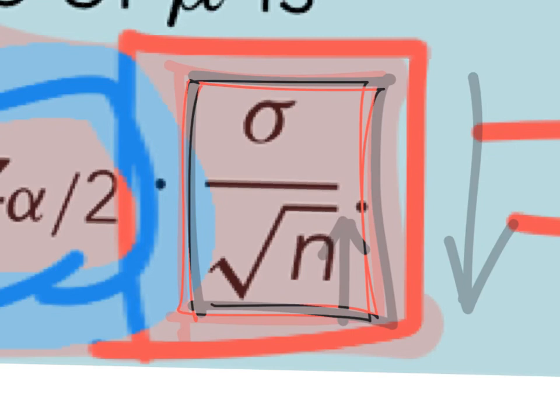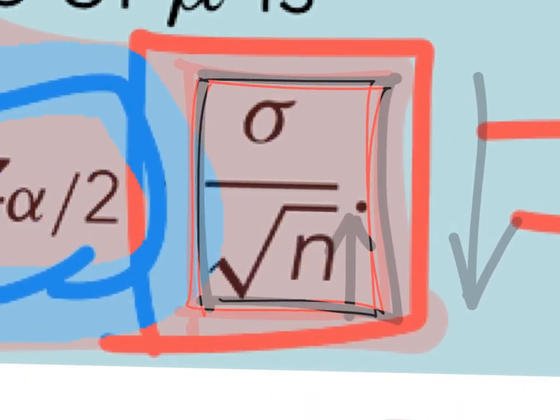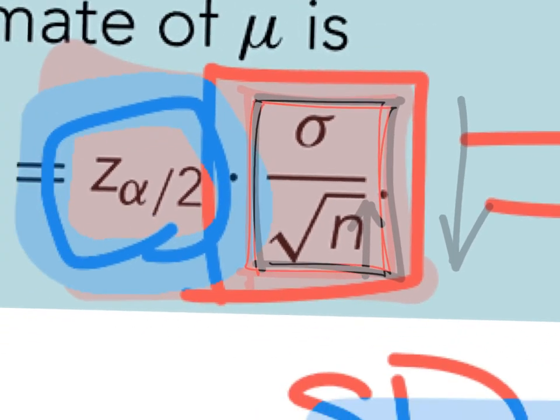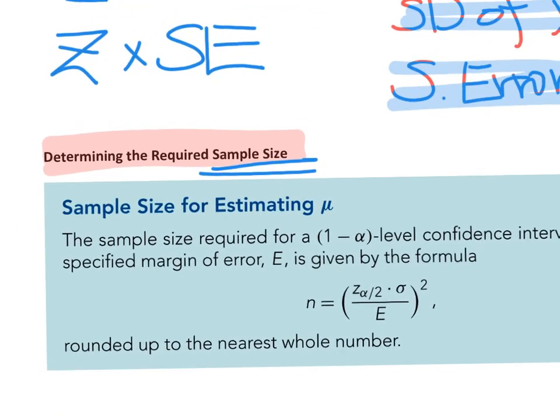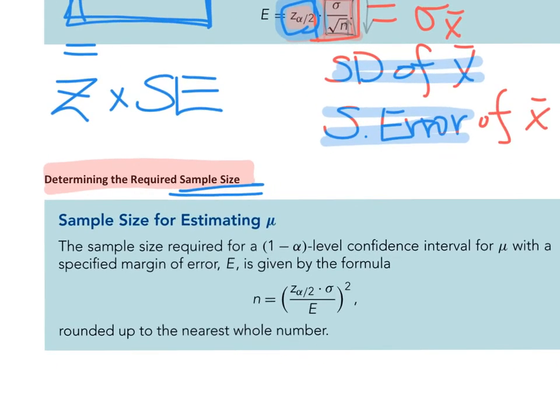I told you the main goal in statistics is to minimize the error. How? Maximize the sample size. That is not the only way, but that is the easiest way. Select more, and we can make a smaller error.